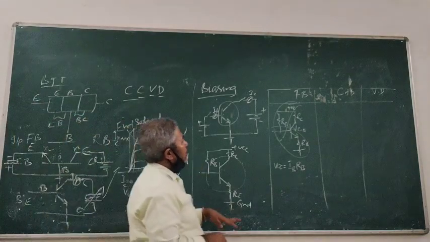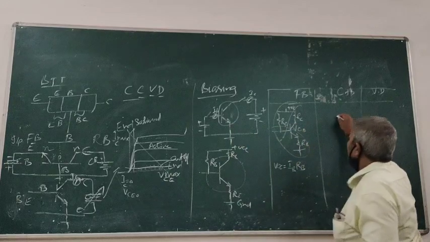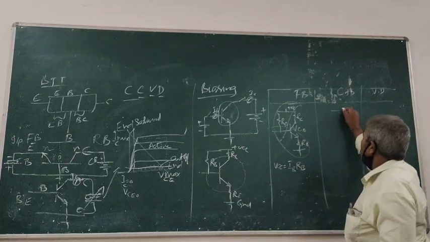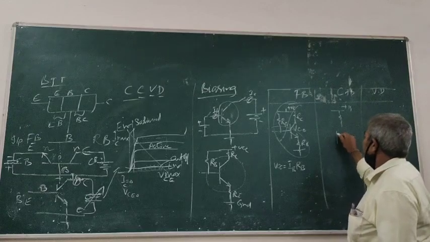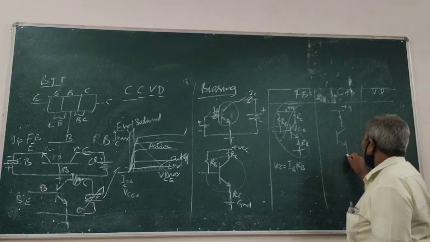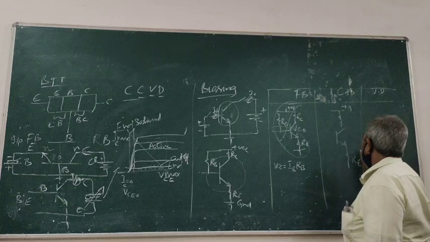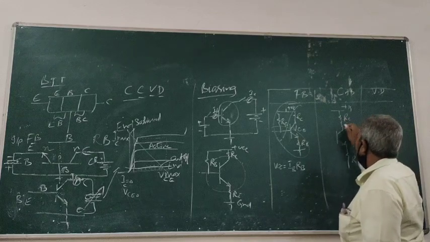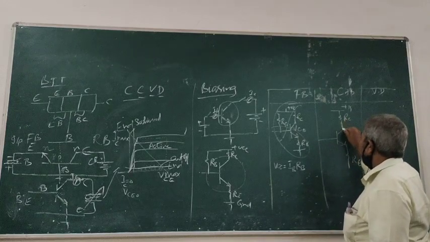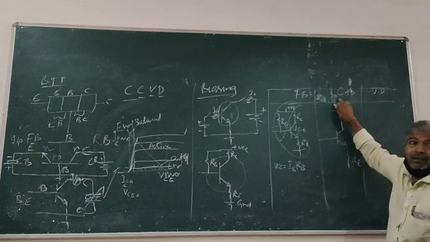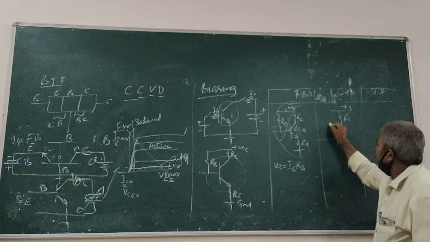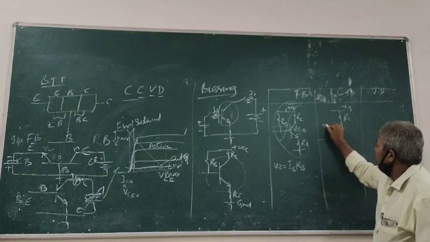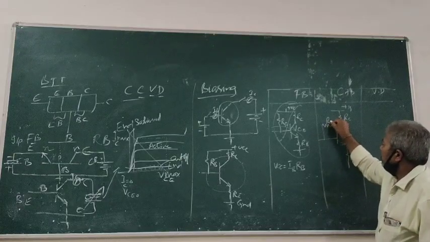So the next one is also not that familiar. The same problem arises here also. This is RC. See, what is the meaning of this? Collector feedback. That means we are taking a feedback from here, RB.